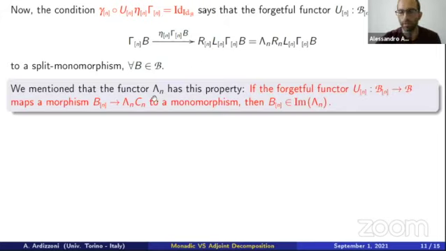Now we recall the property of the functor we defined before. If we have a morphism of this form and the forgetful functor maps it to a monomorphism, then the source is in the image of lambda. And this is the case. This is the morphism. It goes into something which is lambda of something else. It is mapped by the forgetful functor to a split mono.